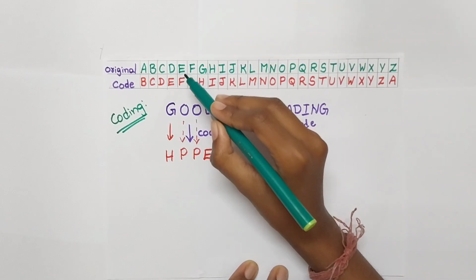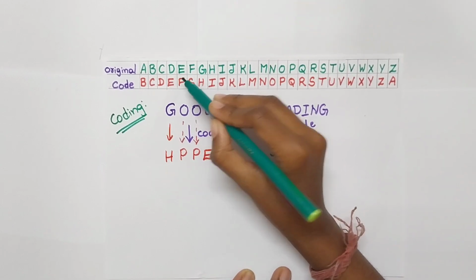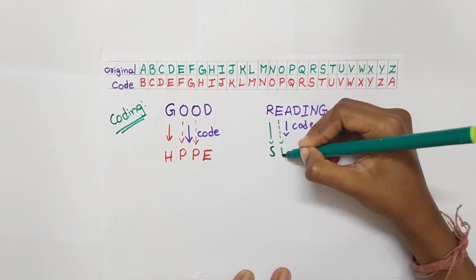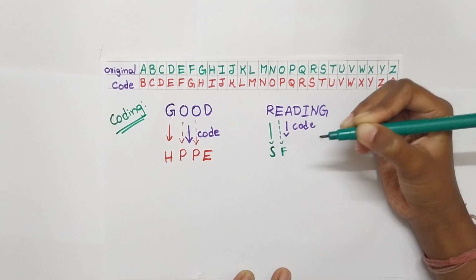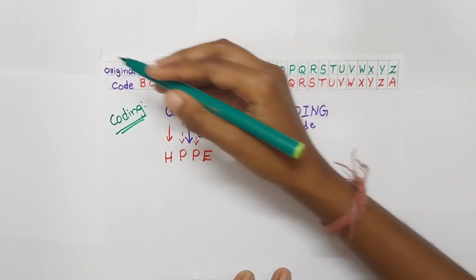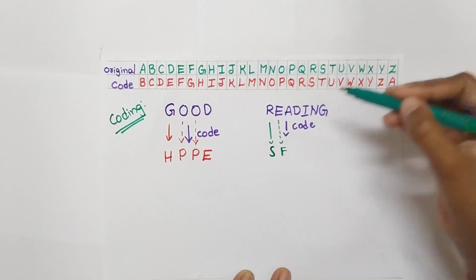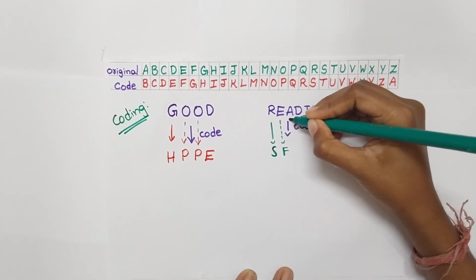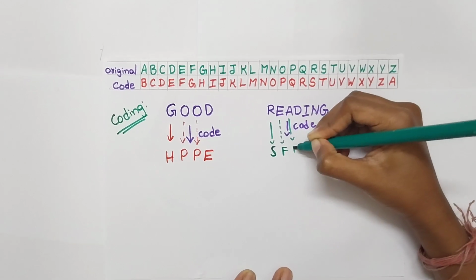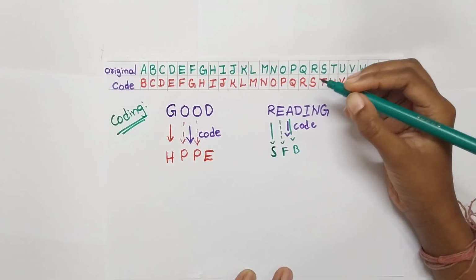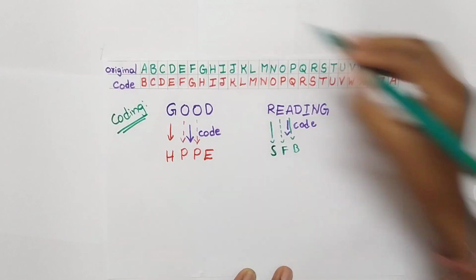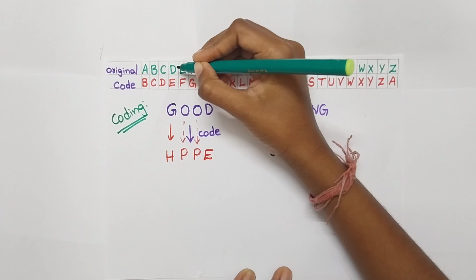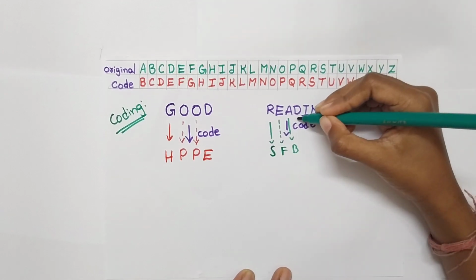Here is the E. So, for E, we write F. For A, we write B. Where is the A? Here is the A. So we write B. Now, where is D? Here is the D. In place of D, we write E.